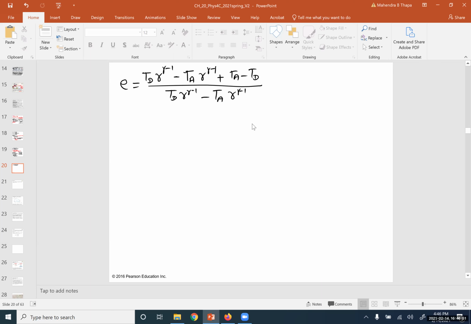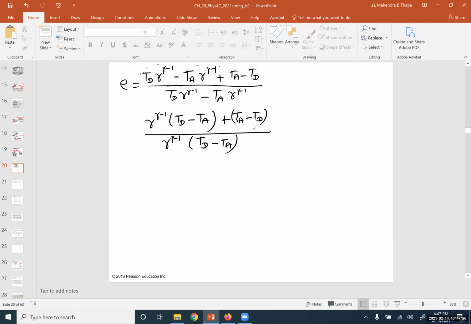So we can write r gamma minus 1 equals times td minus ta. So we combine these two parts. Okay, so plus ta minus td over r gamma minus 1 td minus ta.